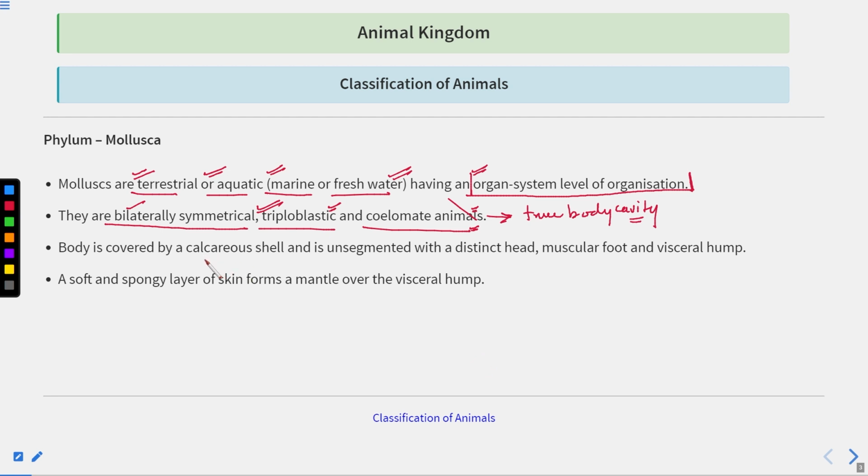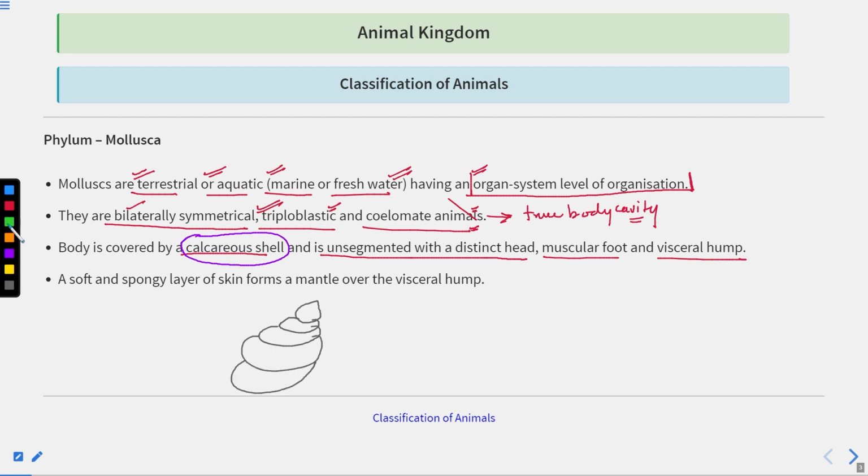Body is covered by the calcareous shell and it is unsegmented, with a distinct head, muscular foot and visceral hump. So a very important feature is the presence of the calcareous shell. You can see the calcareous shell like this, and the organism is present like this.